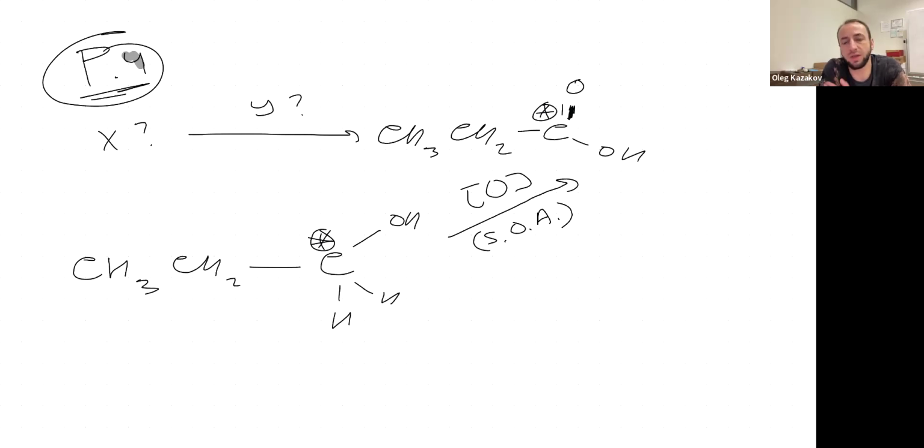So we do the oxidation here. We increase the number of oxygen atoms and decrease the number of hydrogen atoms, which manifests oxidation in organic chemistry. What happens here?